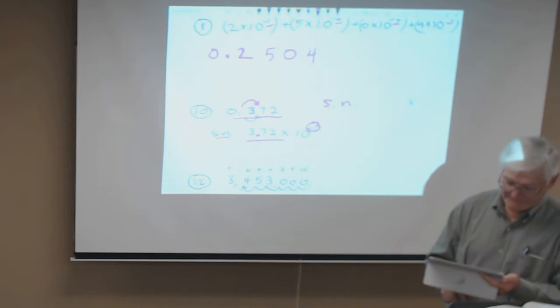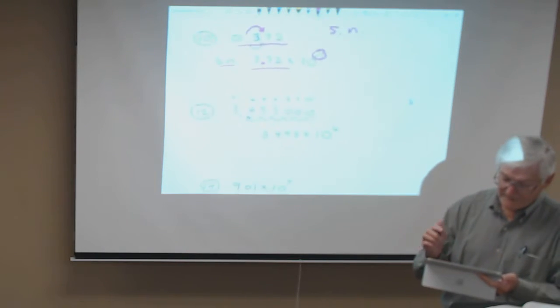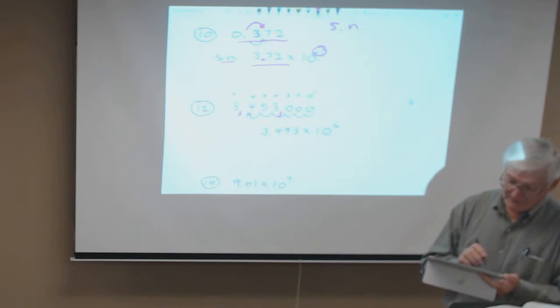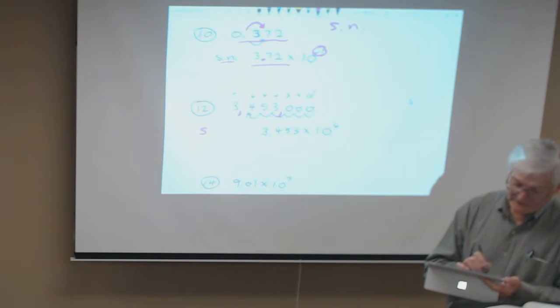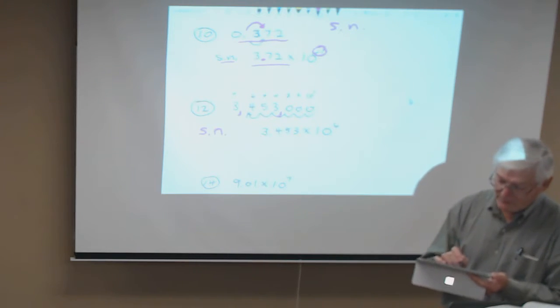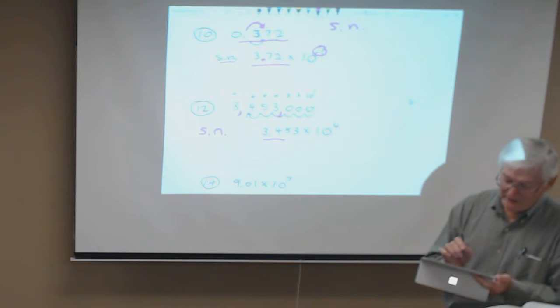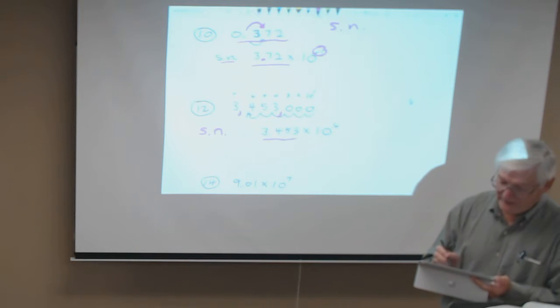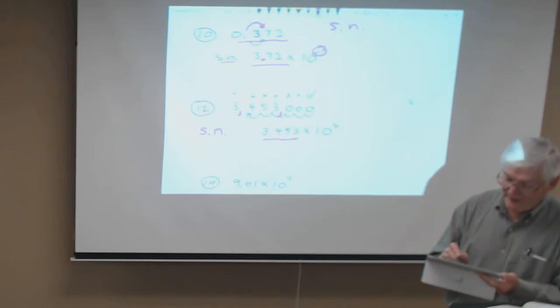Okay? Number 12. 3,453,000. What would that be in scientific notation? Well, you see, I want a number between 1 and 10. So it'd be 3.453. Then I have to go times 10 to some power. And how did I end up getting a 6?